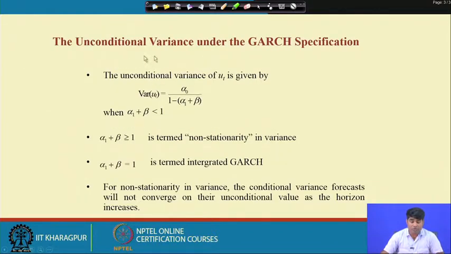So, now the unconditional variance under the GARCH specification is that the variance of ut is equal to alpha 0 upon 1 minus alpha 1 minus beta. Now, we have three different possibilities: either alpha 1 plus beta less than 1, alpha 1 plus beta greater than 1, or alpha 1 plus beta equal to 1.